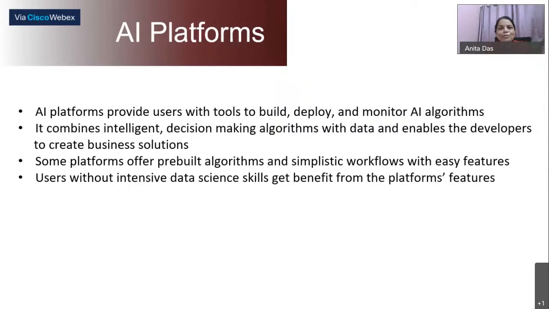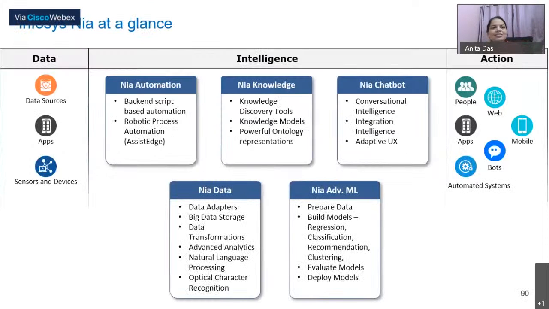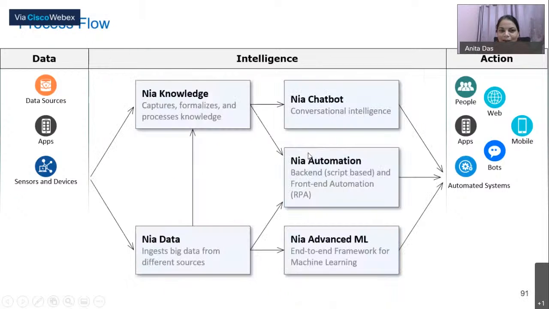If you talk about Infosys, Infosys also has an AI platform called Infosys Nia. Various kinds of tasks are done using this platform, from Nia automation to Nia knowledge, Nia chatbot, Nia data, Nia advanced ML. All these things are there in our platform.